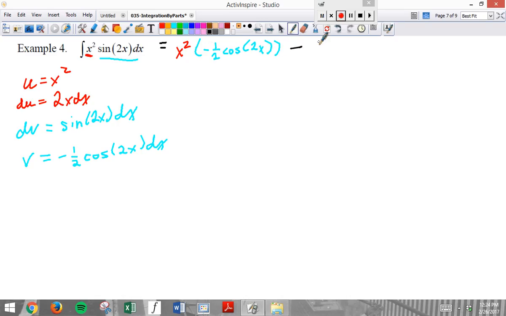Minus the integral of v du. And I'll clean up things. Sorry. So I'll clean this up a bit.